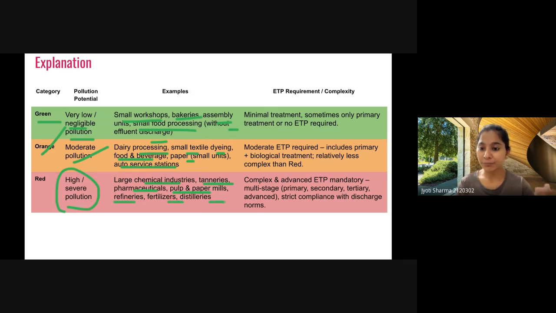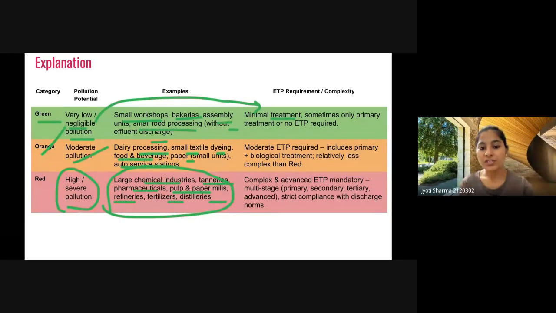So what we will discuss in the next slide is mostly the red industries. We will talk about these one by one, right? And the complexity of the ETP: because green has very negligible pollution, minimum treatment is required.